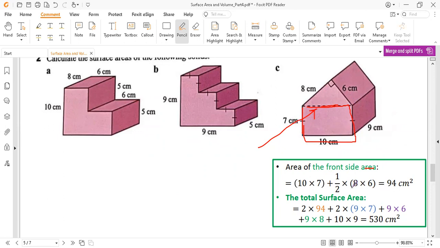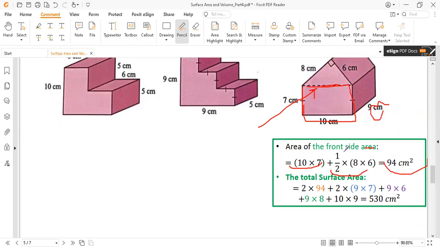Rectangle 7 by 10, plus a triangle, one half base times height, 8 by 6. It is a right-angle triangle, so the perpendicular sides are the height and base: 8 by 6 by 1/2 to obtain 94 centimeters squared, because all the measurements are given in centimeters.